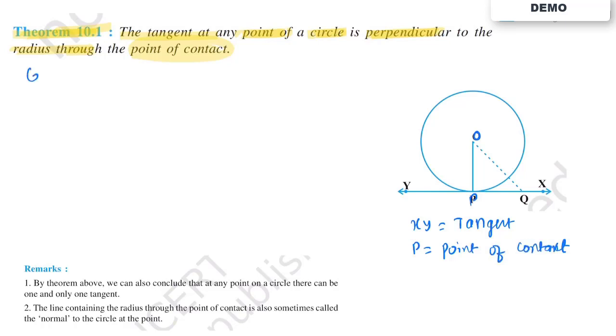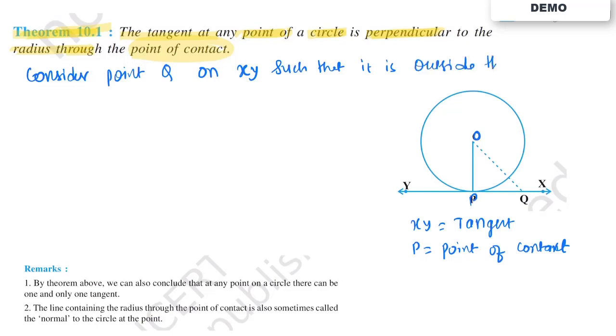So consider point Q on XY such that it is outside the circle. So we have considered a point Q that is outside the circle but on the XY tangent.